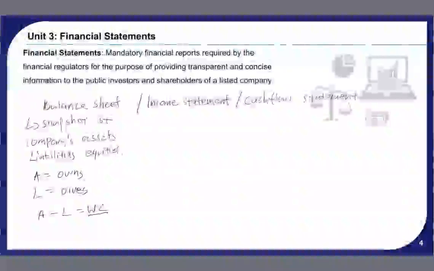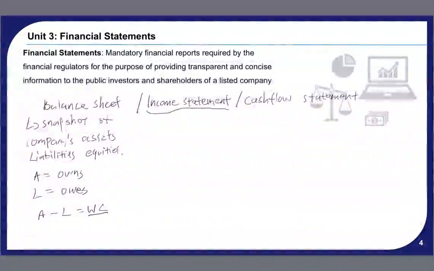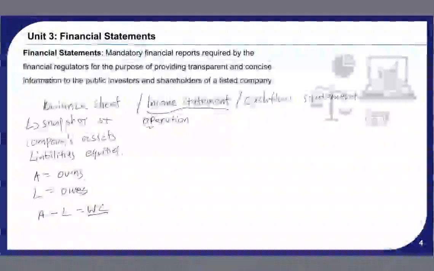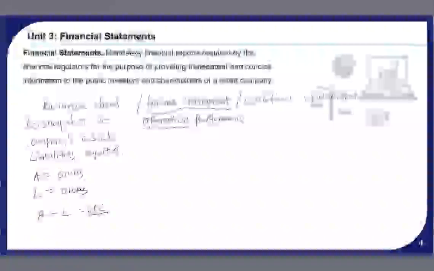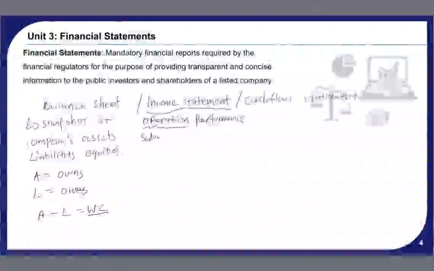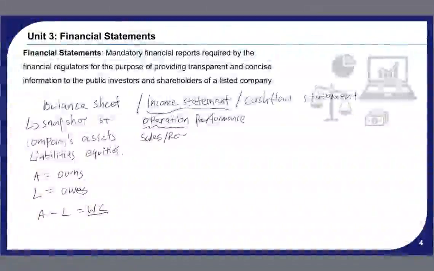And let's look at the income statement. In an income statement, typically what we want to show is the operation performance. Simply put, the first line of an income statement is sales, or you can also call it revenues.